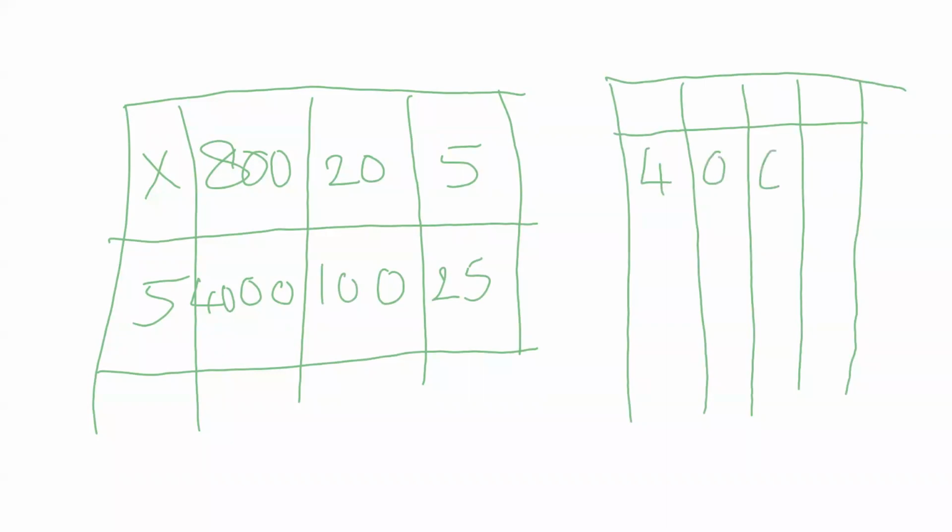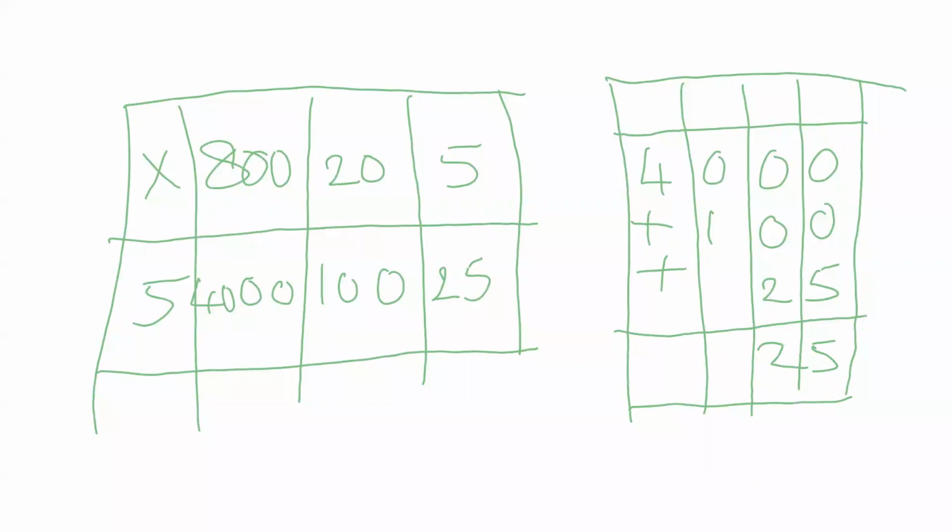Four thousand plus 100 plus 25. 5, 2, 1, 4. So the answer is 4125.